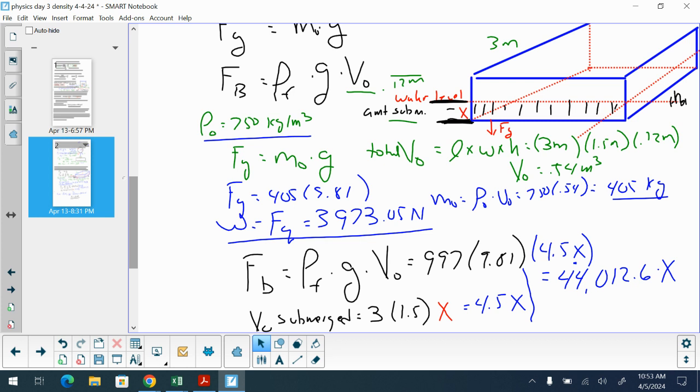Okay. Once again, the key thing to remember is when dealing with the buoyant force, it is how much is being submerged. If the whole thing's being submerged, that's the volume of the object. But if there's only a partial amount being submerged, then the buoyant force is going to be a little bit different.